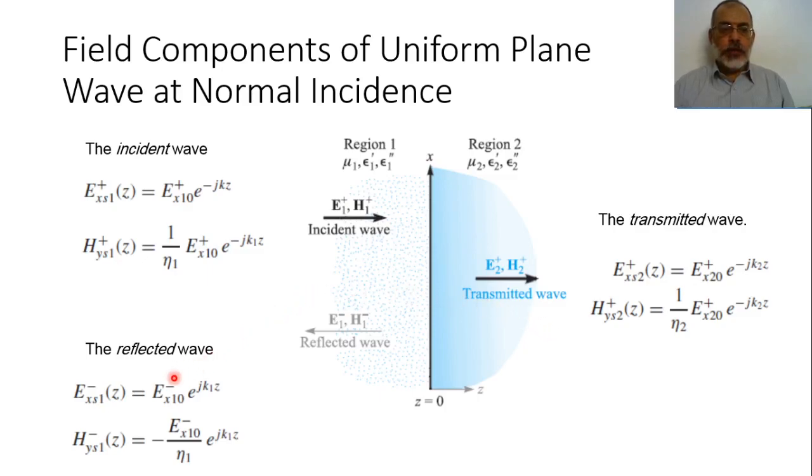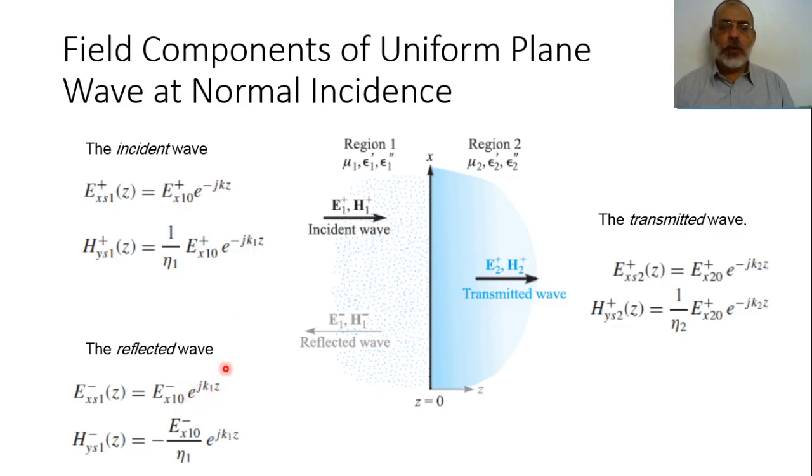We can represent the transmitted and the reflected fields in the same way, such that the phasor component of the reflected electric field Exs1 minus would be the amplitude Ex10 minus multiplied by the propagation factor. Now the propagation would be in the negative z direction. So instead of e to the power minus j k1 z, it would be e to the power plus j k1 z.